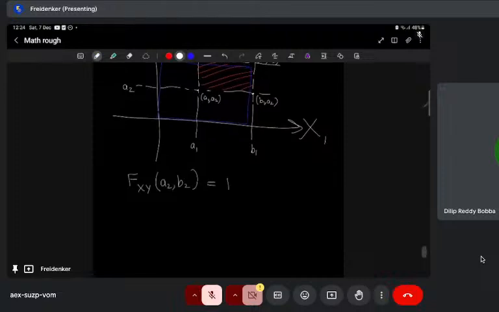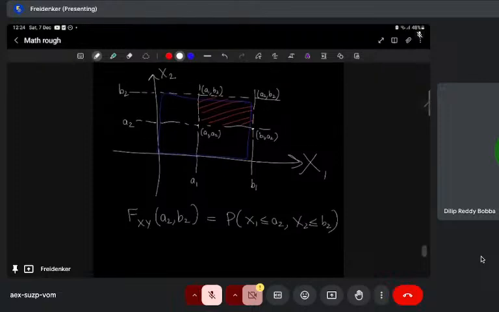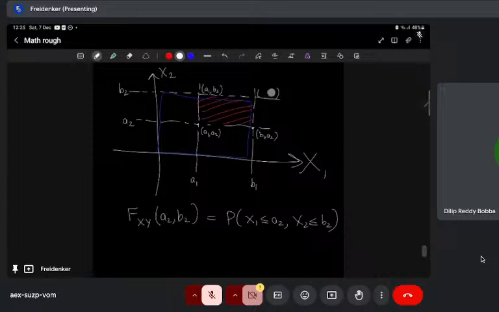This is nothing but probability of x1 less than or equal to b1, and probability of x2 less than or equal to b2. Sorry, these are b1, b2, b1, a2, a1, a2, a1, b2. Fine.